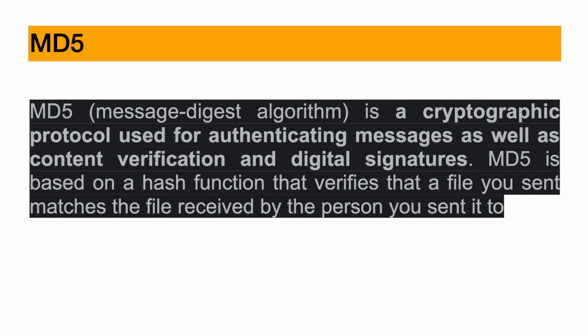It is a cryptographic protocol used for message authentication as well as content verification and digital signatures. MD5 is based on a hash function that verifies that a file you sent matches the file received by the person you sent it to. So as we mentioned, with hashing algorithms we check the authenticity of the sender, and we also perform integrity checks here.